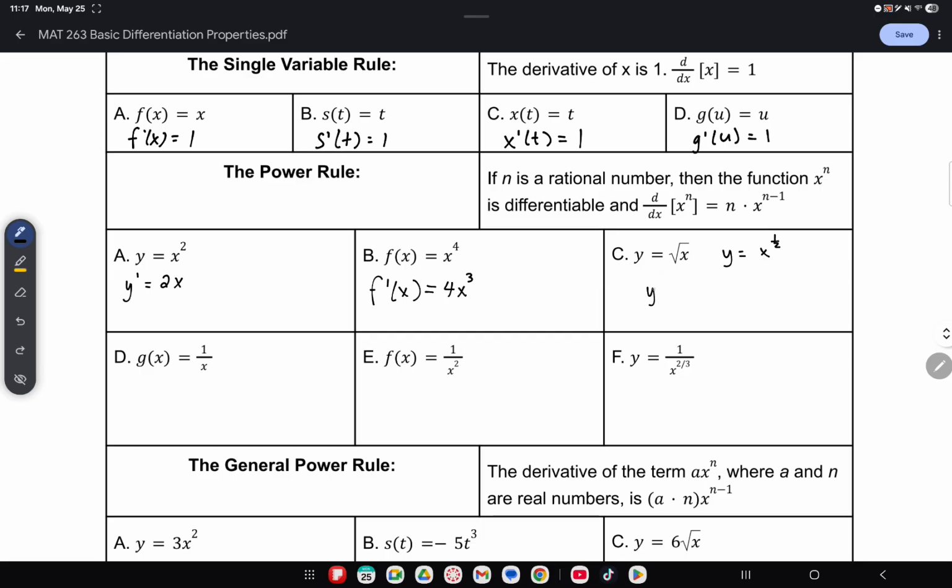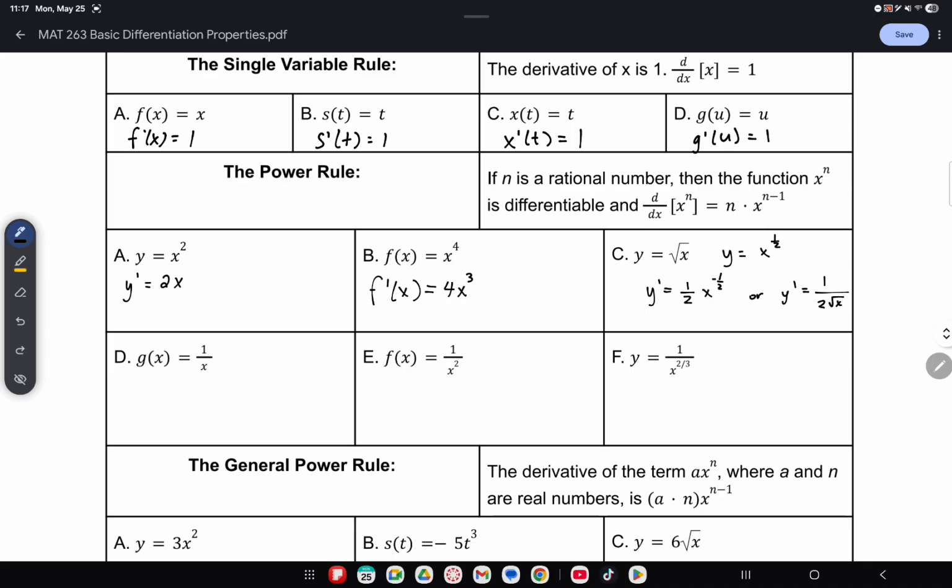Then I can apply that power rule and bring that exponent out front and subtract 1 from the power. So 1/2 minus 1 is actually a negative 1/2, or we can rewrite that back in radical form. So like this.